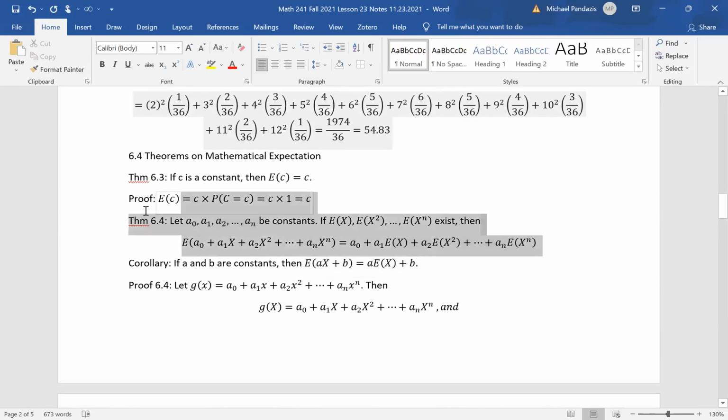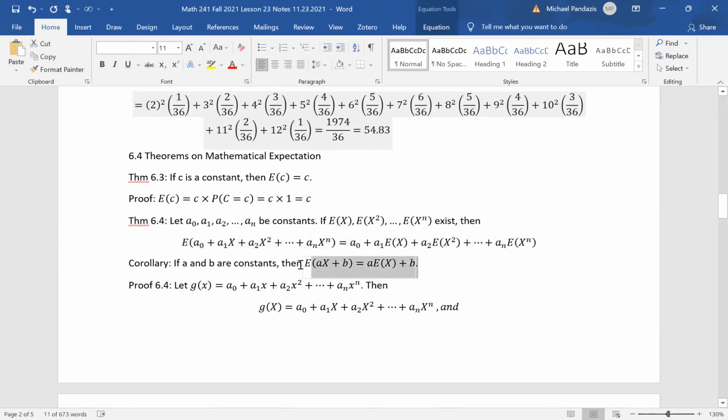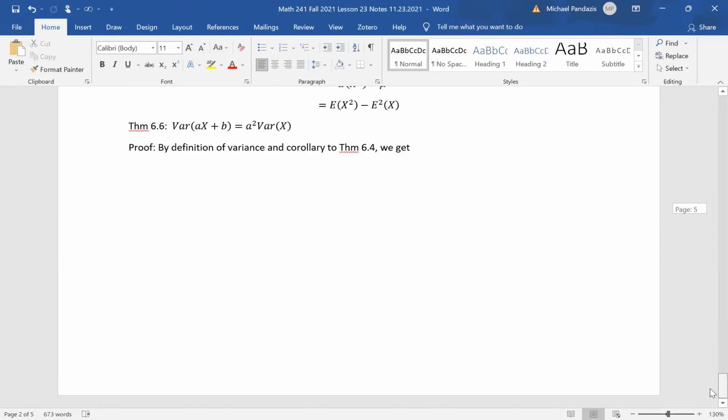Here was this one. No, wait, this one. Okay, so that's the corollary to theorem 6.4. So I'm going to copy that and bring this down here to remind you. So, reminder.